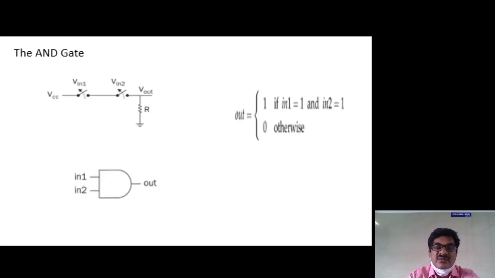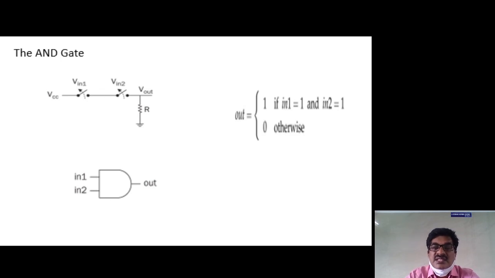In the case of the AND gate, we have seen the two-input AND gate, so two switches are used and their connection is in series mode, like this between VCC and Vout. The AND gate functionality is that the output is logic high if both inputs are at 1, otherwise it is 0.